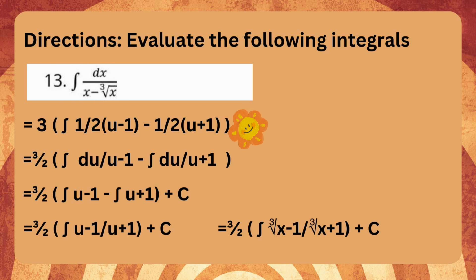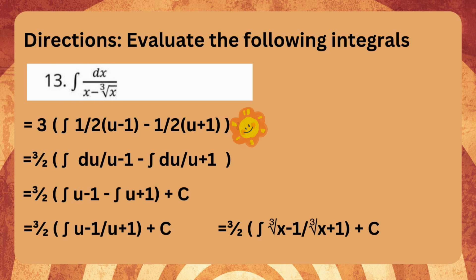3/2 times the integral of u minus 1 minus the integral of u plus 1 plus c is equal to 3/2 times the integral of u minus 1 over u plus 1 plus c, which is equal to 3/2 times the integral of cube root of x minus 1 over cube root of x plus 1 plus c.